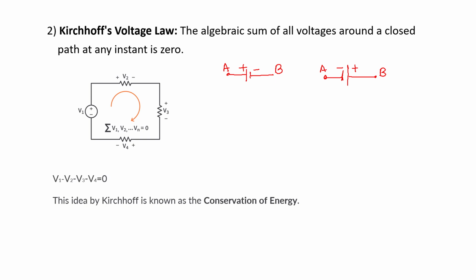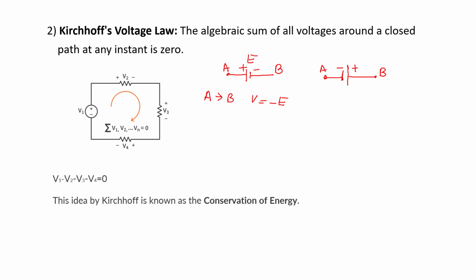So if we see the voltage from A to B, if we select a path from A to B, then voltage V is equal to minus E, that is a fall in voltage. We go from plus to minus, that means a drop in voltage. For this we use path A to B, then the voltage will be minus E.